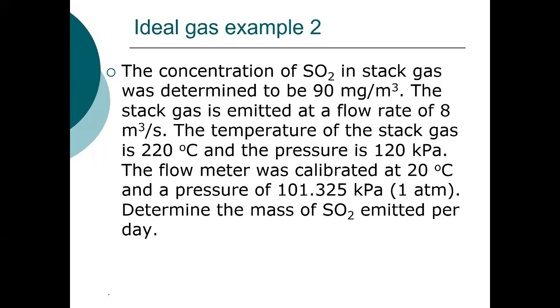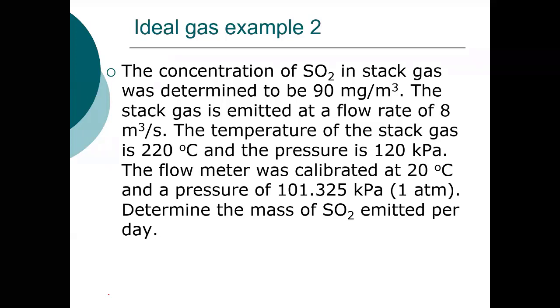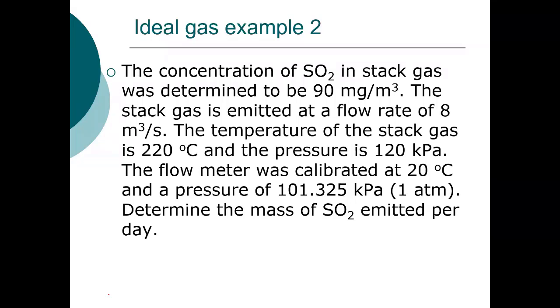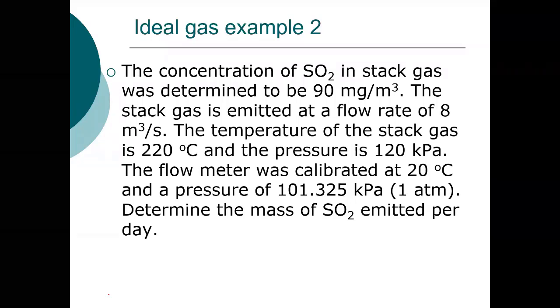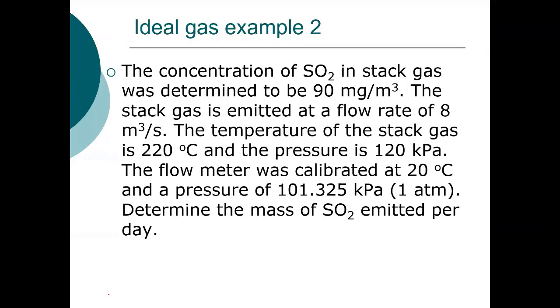So we have stack gas, and it's emitted at a flow rate of 8 cubic meters per second. That's what we measure. The temperature of the stack gas is 220 degrees C, and the pressure is 120 kilopascals. The flow meter that we used to measure this flow rate was calibrated at 20 degrees C and a pressure of 101.325 kilopascals, so 1 atmosphere.